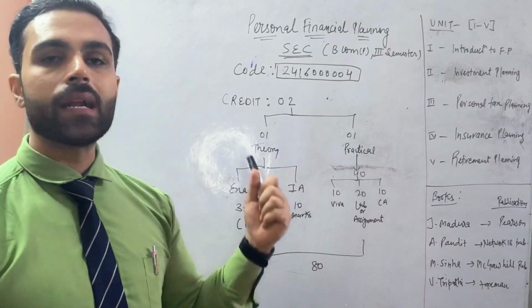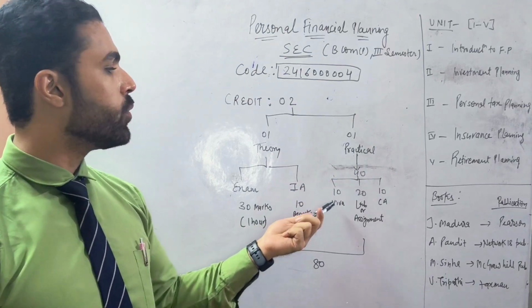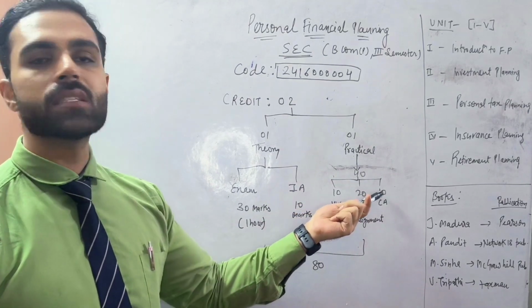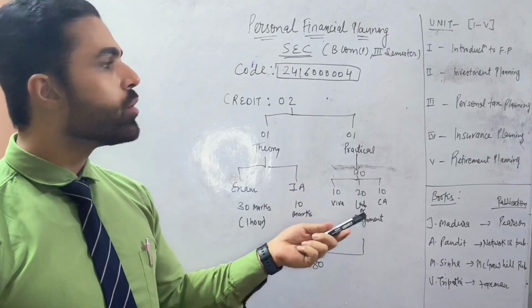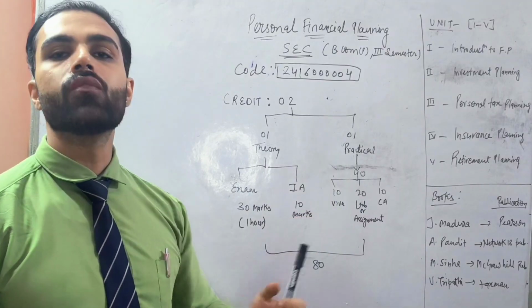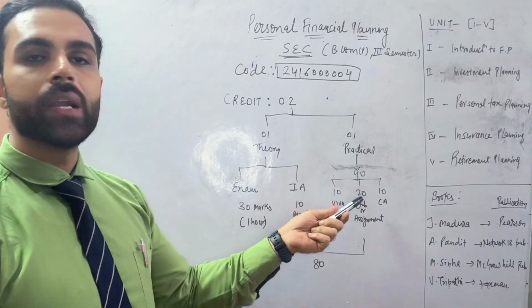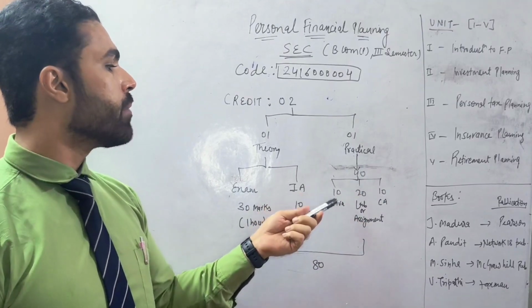For the practical, it will be of 40 marks, divided into 10 plus 20 plus 10. 20 is for your lab, and it depends on your college or the teacher. He or she might take the lab or give you an assignment of 20 marks. 10 is for CA, that is continuous assessment, and 10 marks for your viva.